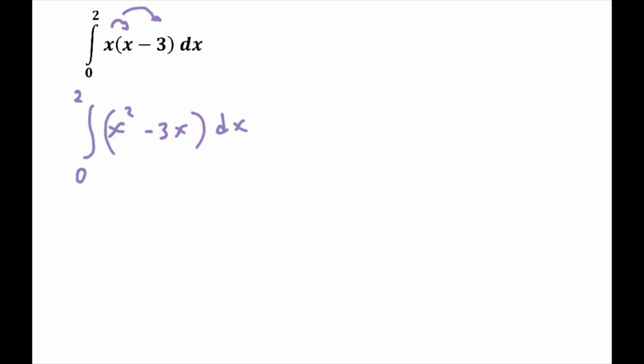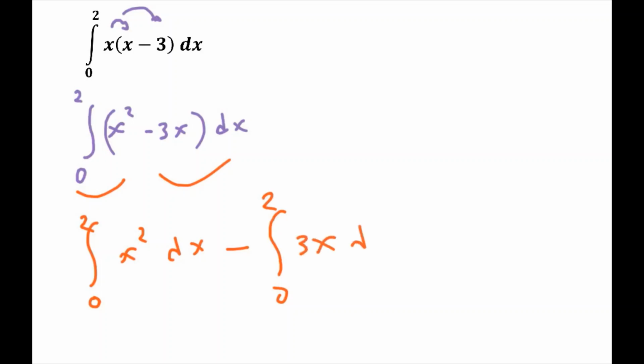And now you can find the antiderivative for each one of these, or you can split, same as when I said the integration of f(x) plus g(x). You can say the integration from 0 to 2 of the function x squared dx, minus in this case the integration from 0 to 2 of 3x dx. And since 3 is a constant, you can take it out. I'm not going to do that.